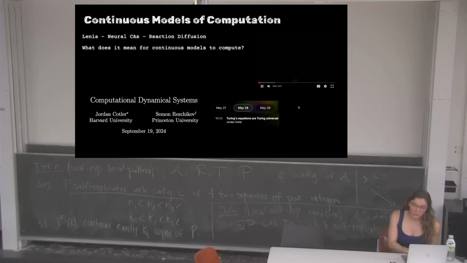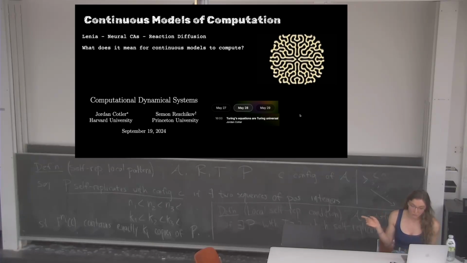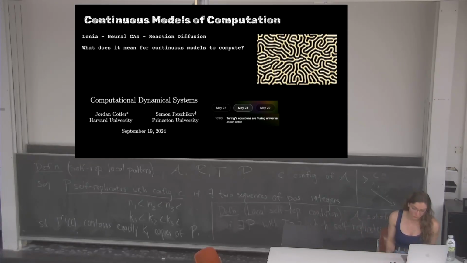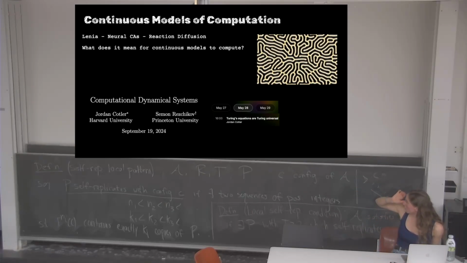But if you're interested in this, then there is a very new result by Jordan and his PhD student about the fact that reaction diffusion systems are locally universal or Turing complete. So this will also be a part of the workshop on Thursday at 4 p.m. if you're interested.